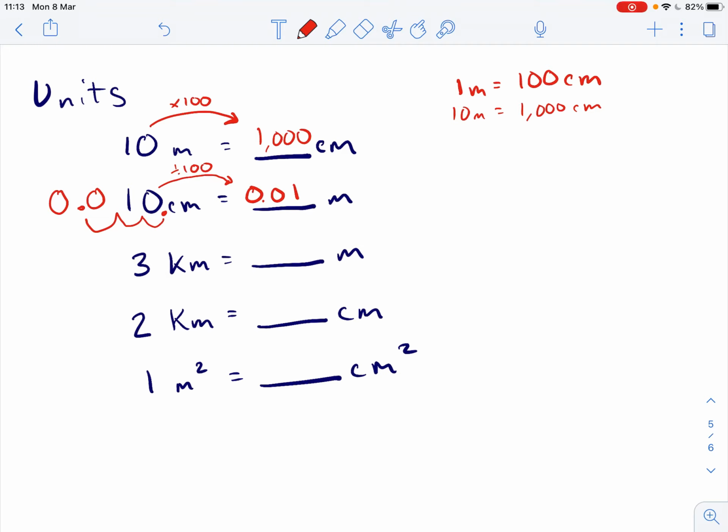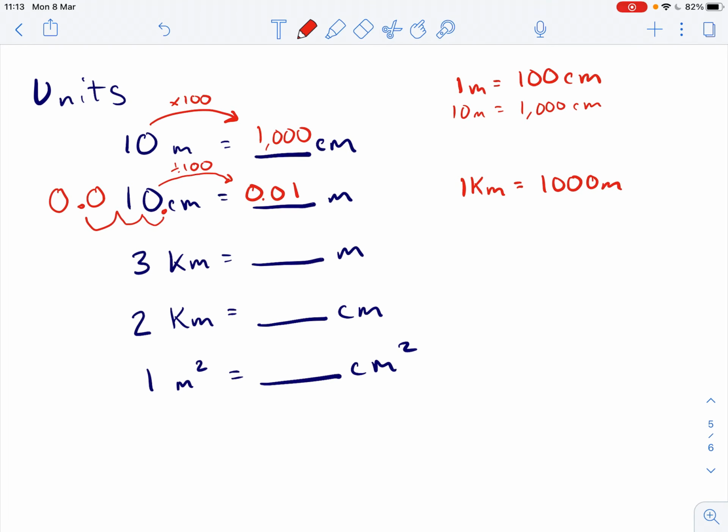Now let's have a look at kilometers. So again, I know that 1 kilometer is 1,000 meters. So 3 kilometers is going to be 3,000 meters. And I know that 1 meter is 100 centimeters, and so 1,000 meters is going to be 1,000 times 100 centimeters.